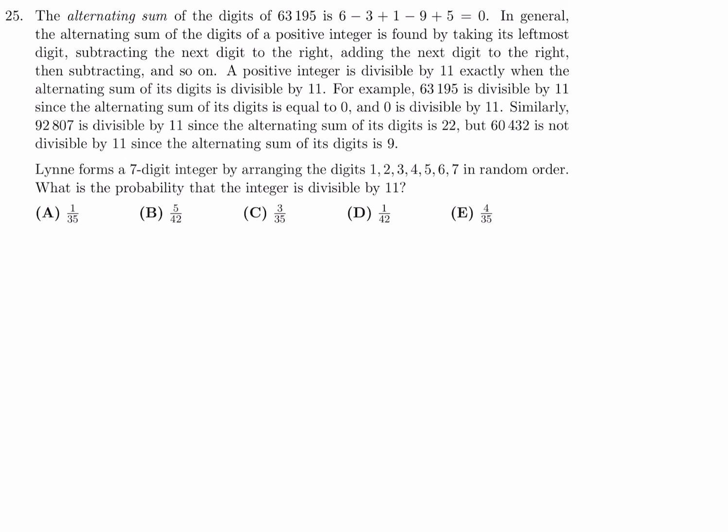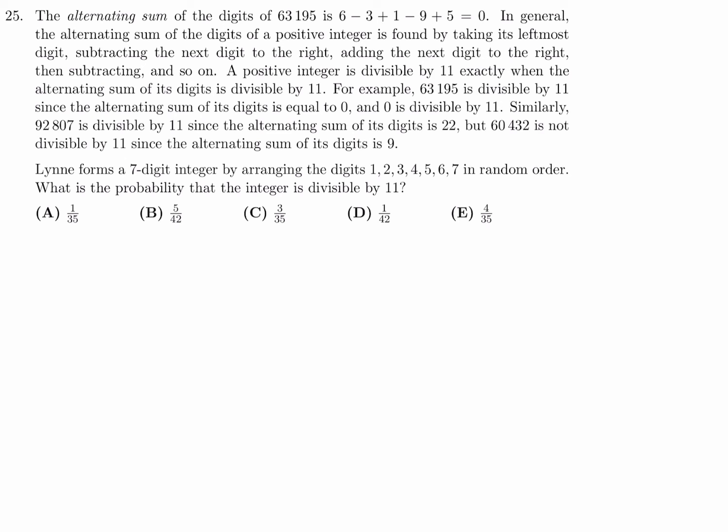For example, 63195 is divisible by 11 since the alternating sum of its digits is equal to 0, and 0 is divisible by 11. Similarly, 92807 is divisible by 11 since the alternating sum of the digits is 22. But 60432 is not divisible by 11 since the alternating sum of its digits is 9.